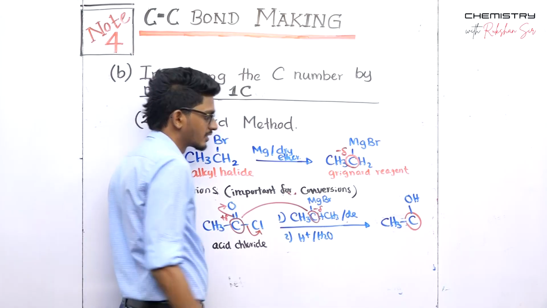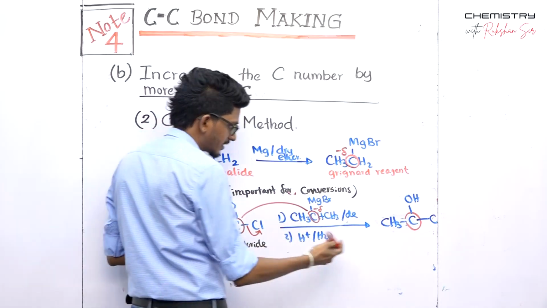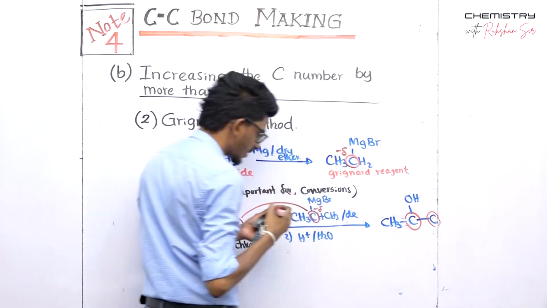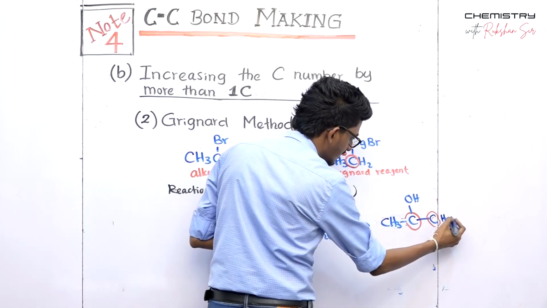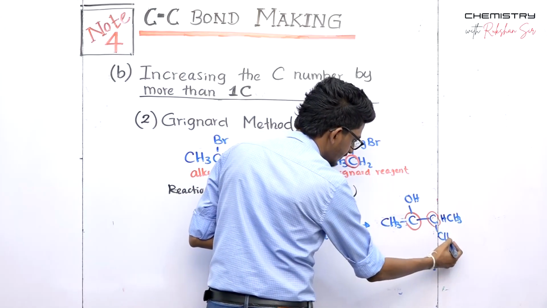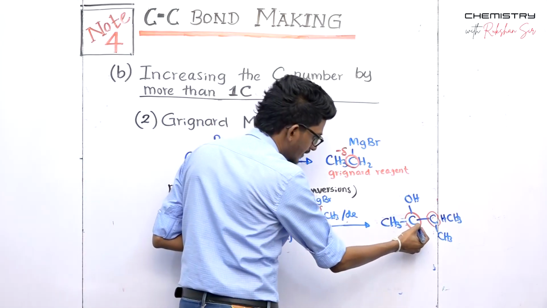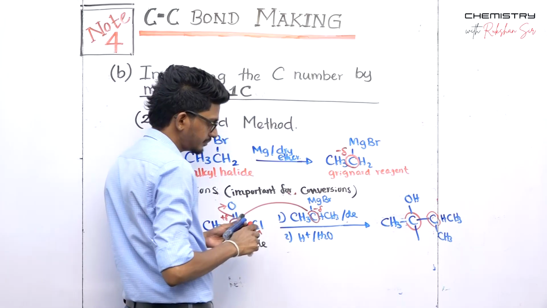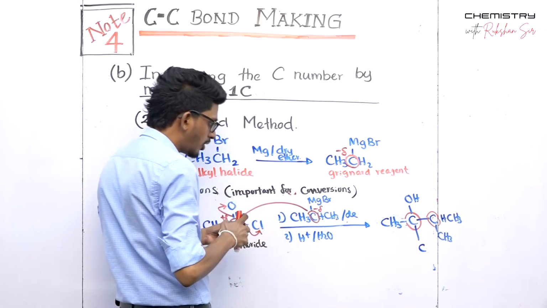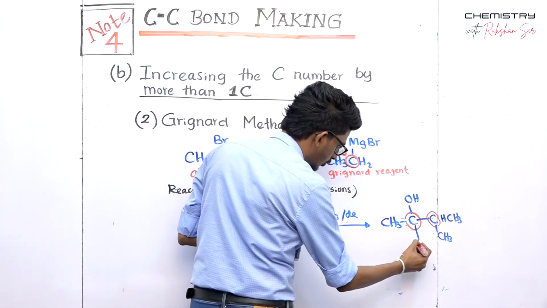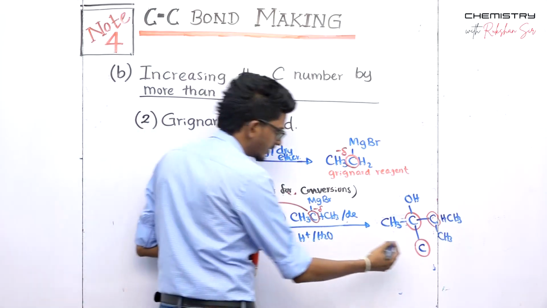This is the first Grignard section, CH3, attached. And it has to attach another Grignard section. As that acid chloride carbon loses 2 bonds, it needs 4 bonds ultimately. So 2 Grignard sections will attach here.